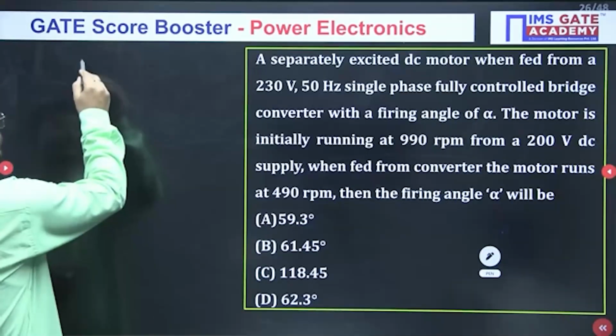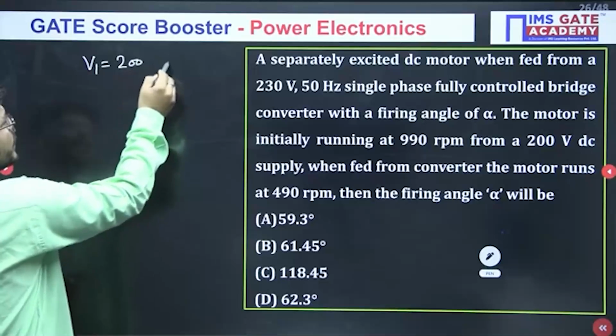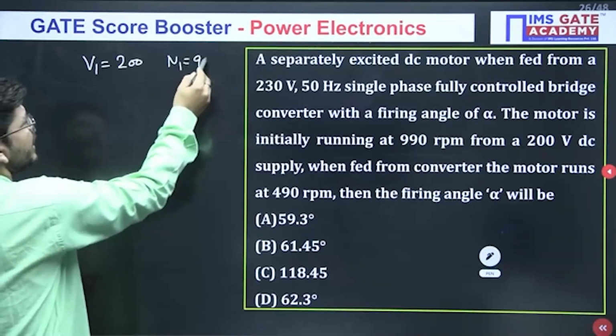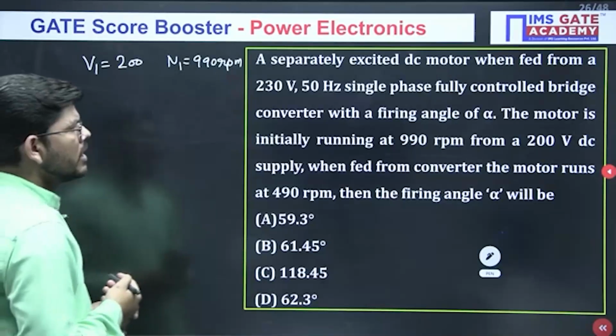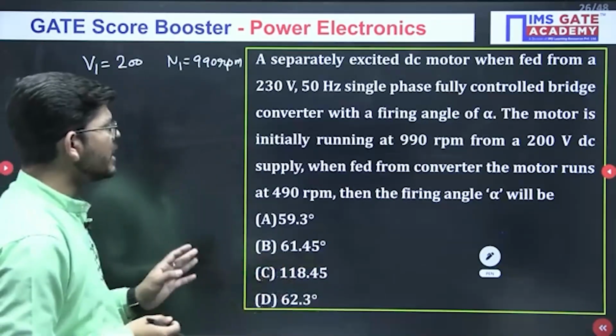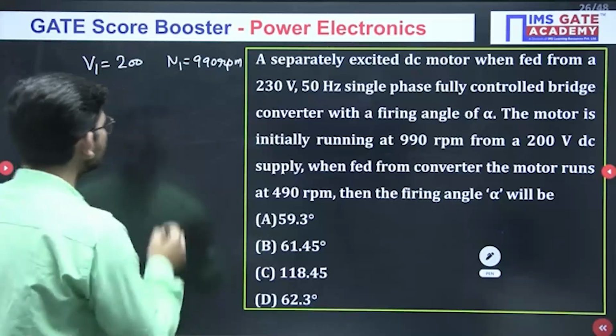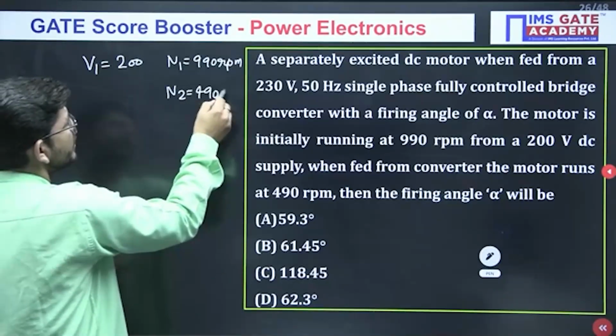So when your DC voltage is around 200 volt, your speed is around 990 rpm. When fed from the converter, the motor runs at 490 rpm.